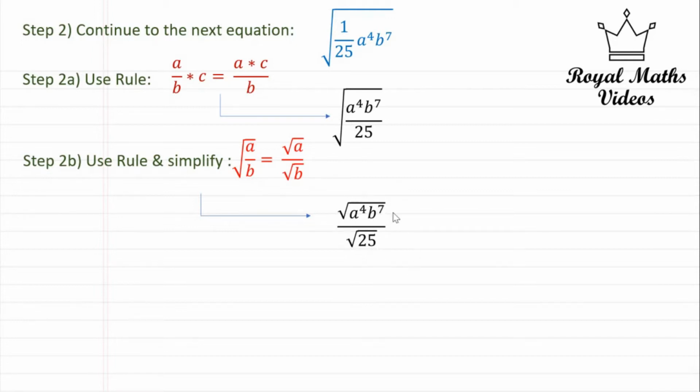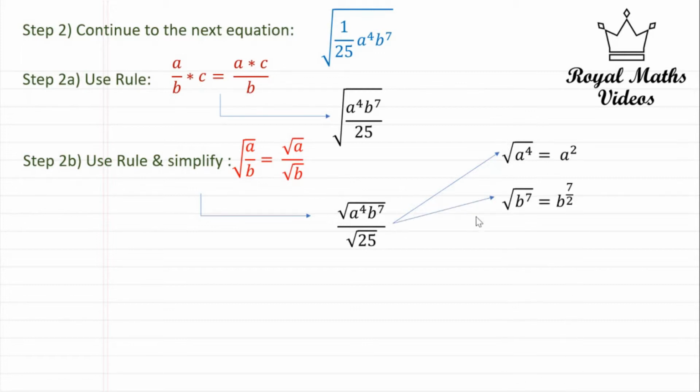Now this has made everything a lot simpler, as you will now see. So to simplify it further, we can split this apart even more. So a to the power of 4 will then become a squared, as there is a secret and hidden 2 over here, so 4 divided by 2 becomes 2.